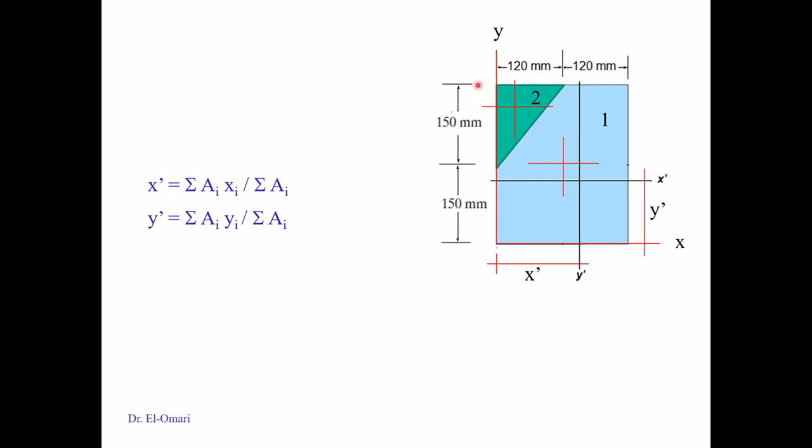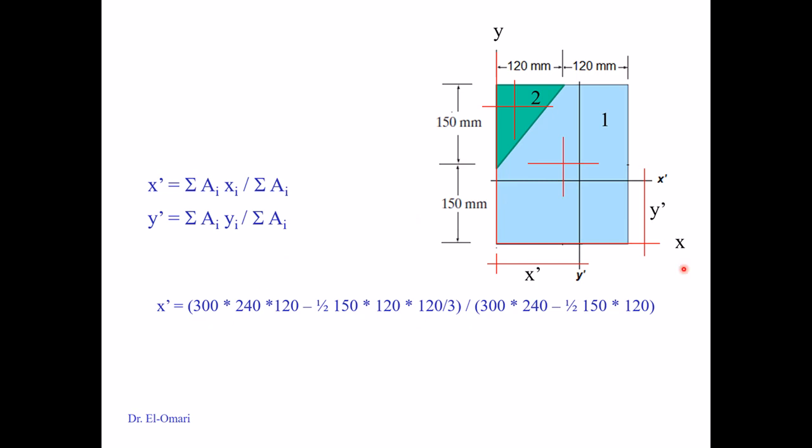But here, because it's just a 2D section, we work with moment of areas. So we start working with the equation to find that location x. The first step is you have the area multiplied by the horizontal distance from the reference axis y to its own centroidal axis.